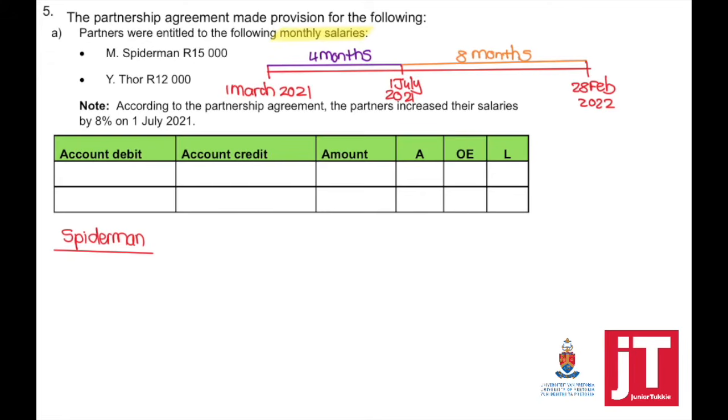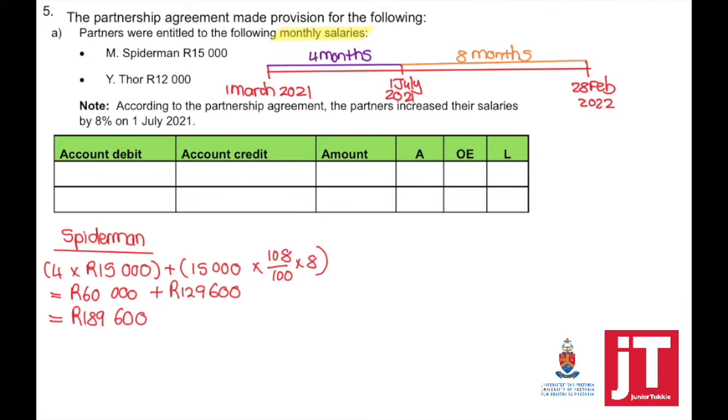If we look at our accounting period, it ends 28 February 22, which means it starts the 1st of March 2021. So if this was increased on the 1st of July 2021, it means for 4 months it was at 100%, and for 8 months it was at 100 plus 8%. So to calculate Spider-Man, you're going to take 4 months times 15,000, and then for 8 months, we're going to say 15,000 times 108 divided by 100.